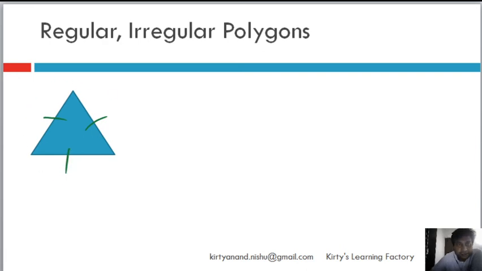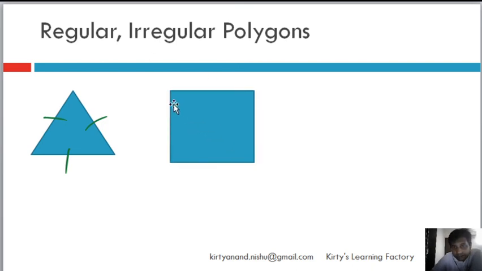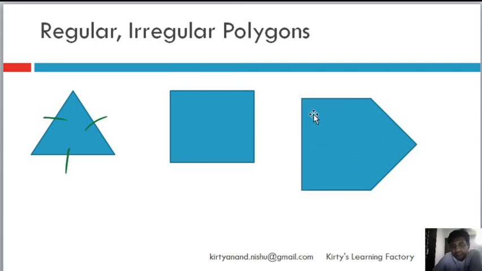If I make a square, all the four sides are equal. Similarly, if I make a pentagon in such a fashion that all the five sides are equal, in that case these kind of polygons are known as regular polygons.